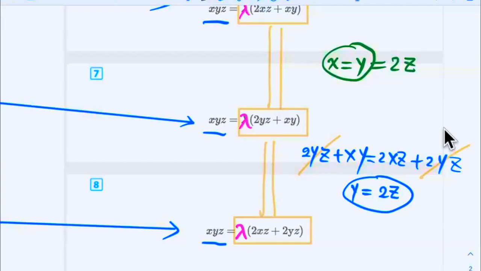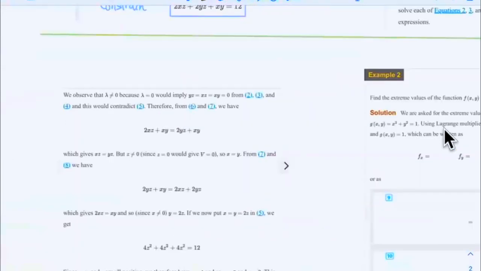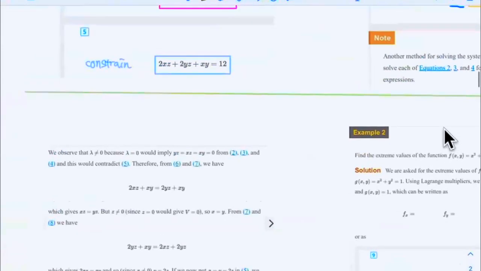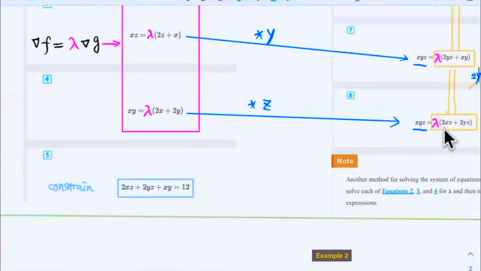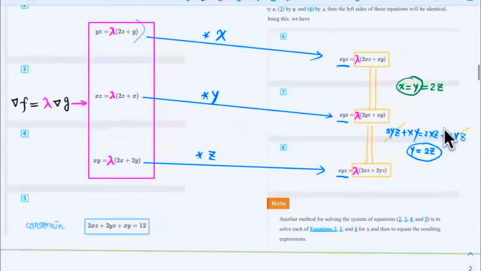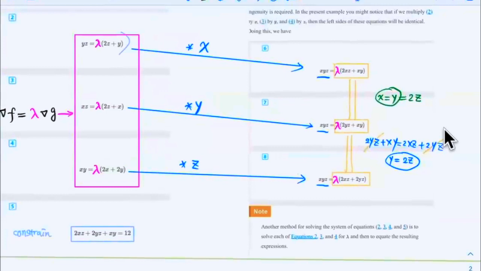Okay. Now after you get x equals y equals 2z, let's go back to this. Which one do we want to use to solve for x, y, z? Once you have this, you're going to plug this back into the constraint equation, okay?